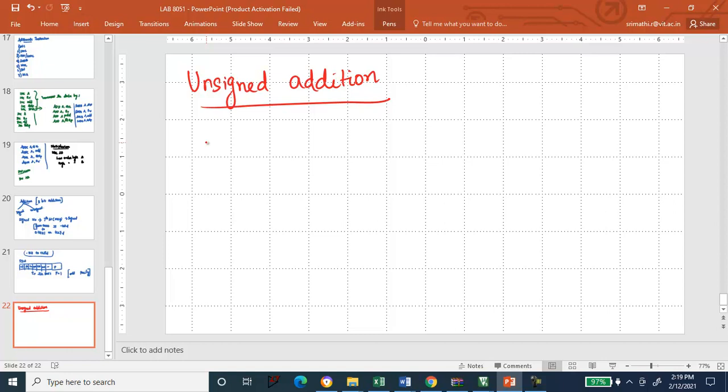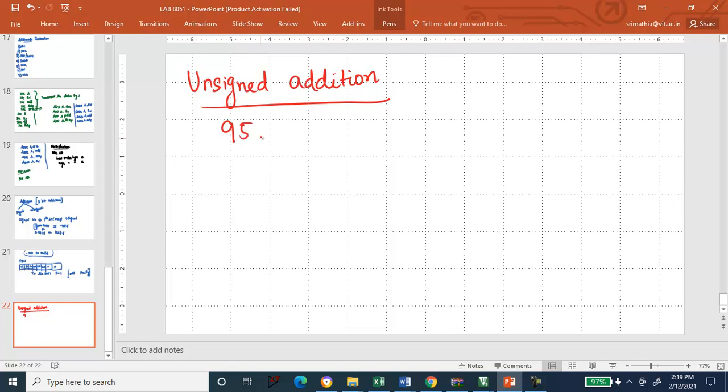Signed numbers can be added in two ways: either addition of like sign numbers or addition of unlike sign numbers. You have two different types of signed number addition. First we will deal with unsigned addition.